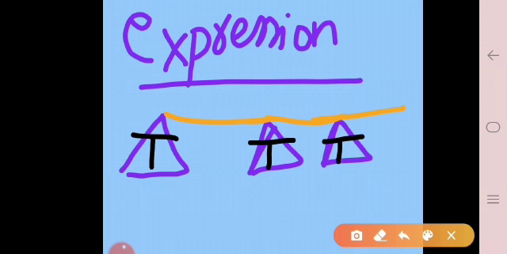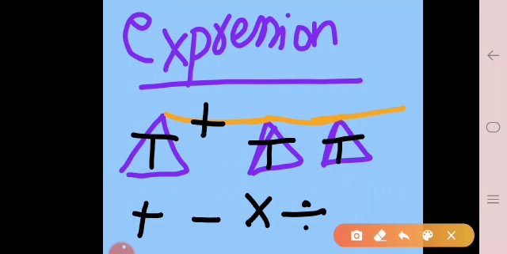So in mathematics we have basically 4 to 5 operations. So what are they? They are actually plus, minus, multiplication, division. So what I'm going to do is, I'm going to connect all the terms, different terms, with the help of some operations like plus, minus, multiplication.